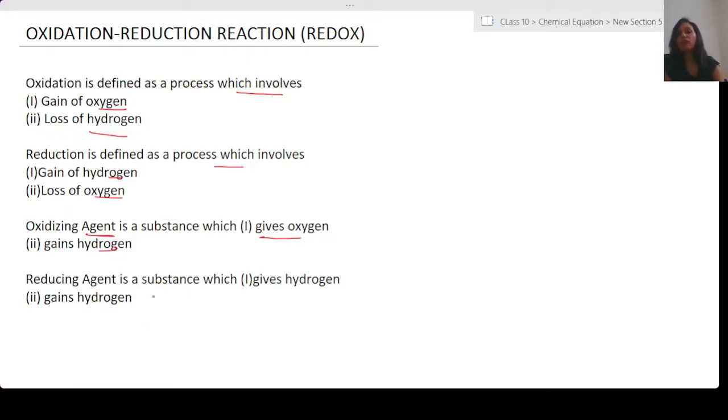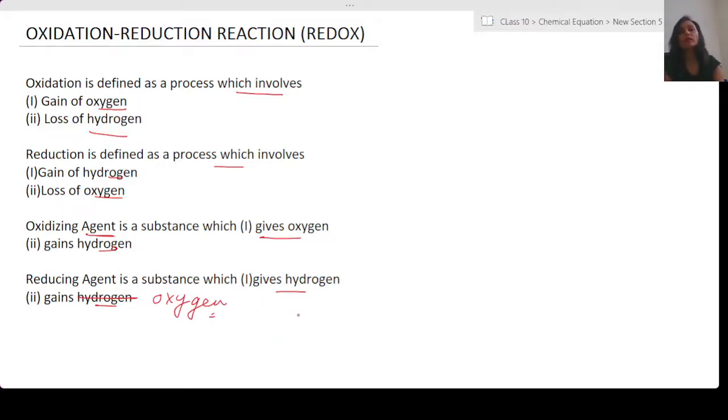And what is a reducing agent? Which gives hydrogen and gains oxygen. Actually it should be like that.